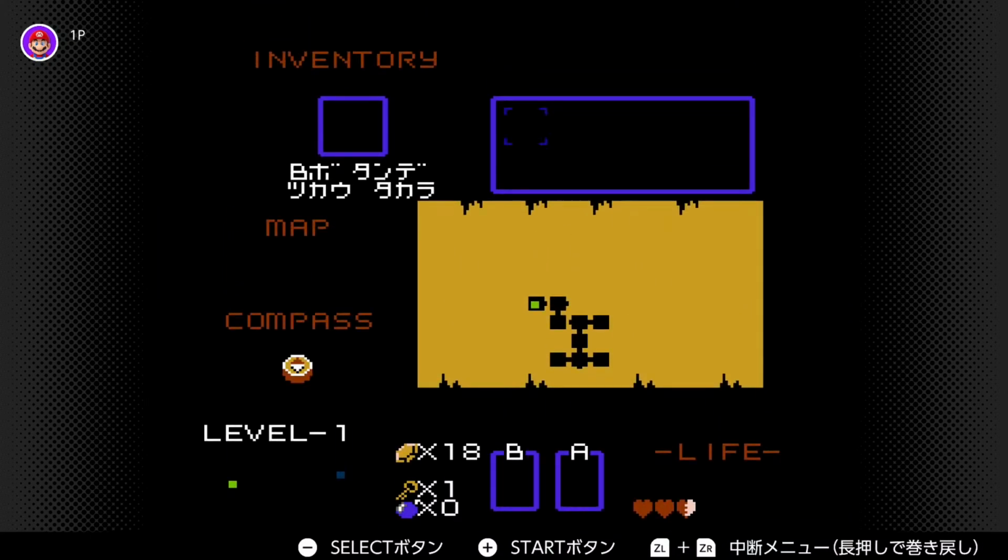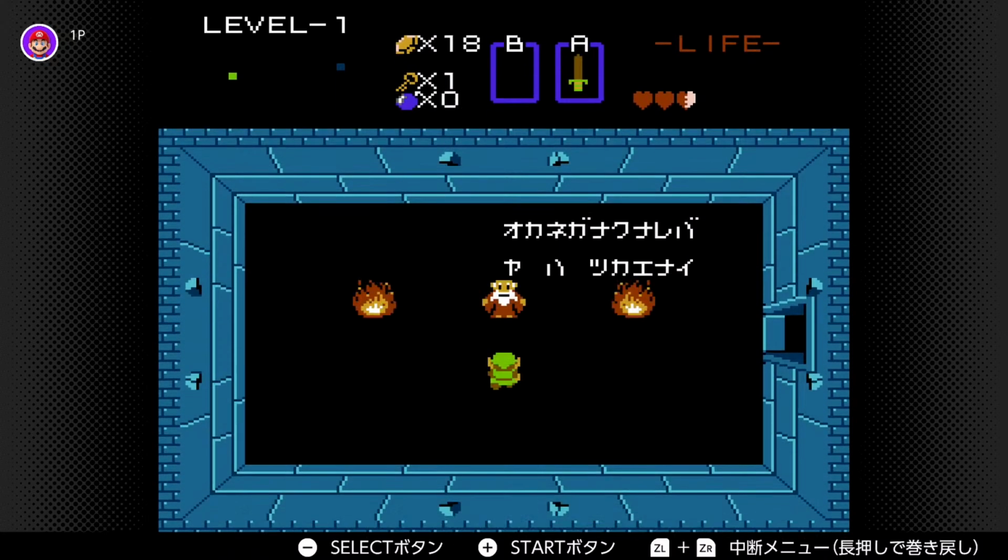Tsukau, I think it's unaccented. I'll check quickly. Yes, unaccented. Tsukau. The verb to use. We change the vowel in e to make the potential form.